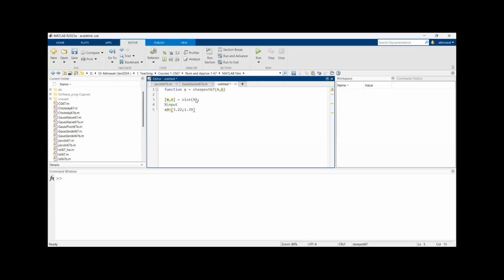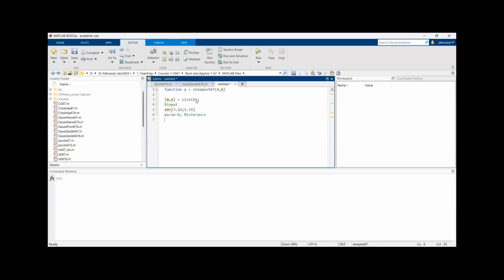I'm going to show you that it will use 13 iterations by our hand calculation. 10 to the power of minus 6 will be our tolerance. Not sure if this is the one that we use or not.